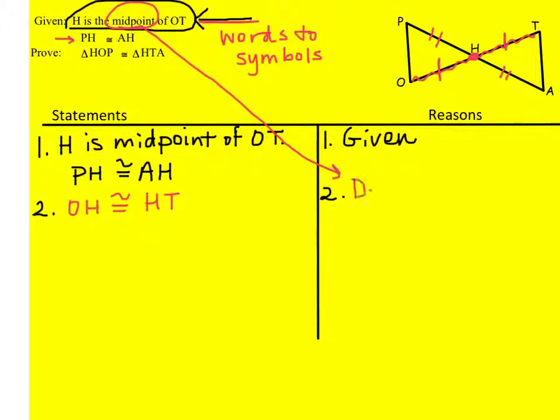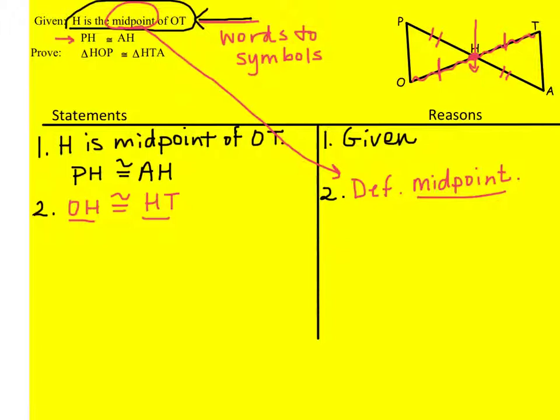I use the definition of a midpoint. Definition of a midpoint says that this is the middle, cutting this into 2 equal halves. So that's what I used to state that these were equal halves. Definition of a midpoint.